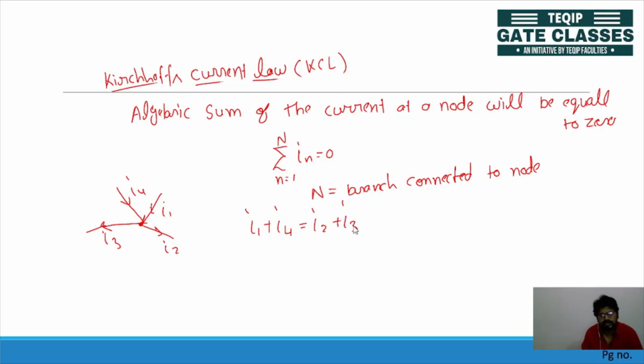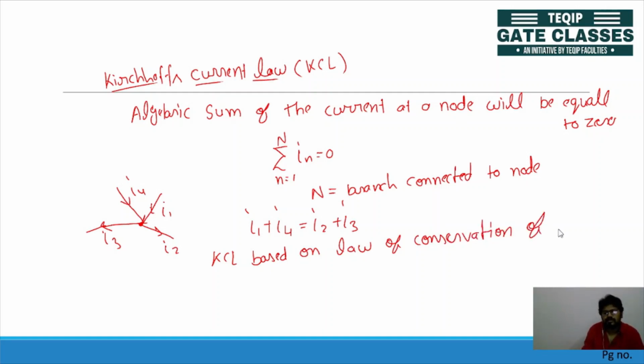In other words, the sum of current entering the node equals the sum of current leaving the node. This KCL is based on the algebraic sum of current at a node being 0, meaning the charge at the node is conserved. So it is based on the law of conservation of charge.